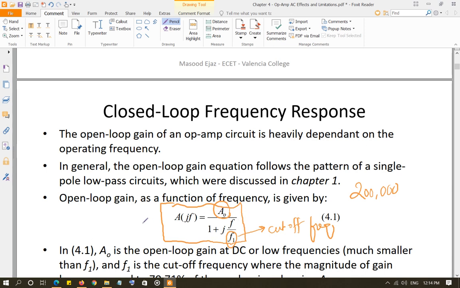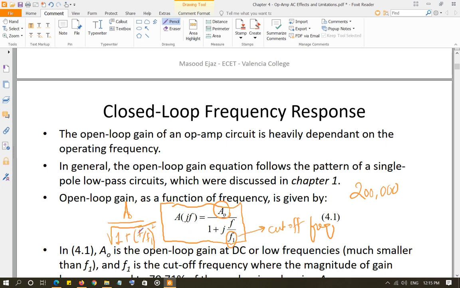What will be the magnitude of this complex number? Magnitude of the numerator, which is A naught, since the numerator is not a complex number, and magnitude of the denominator, which will be the square root of 1 plus (f over f1) squared, right?